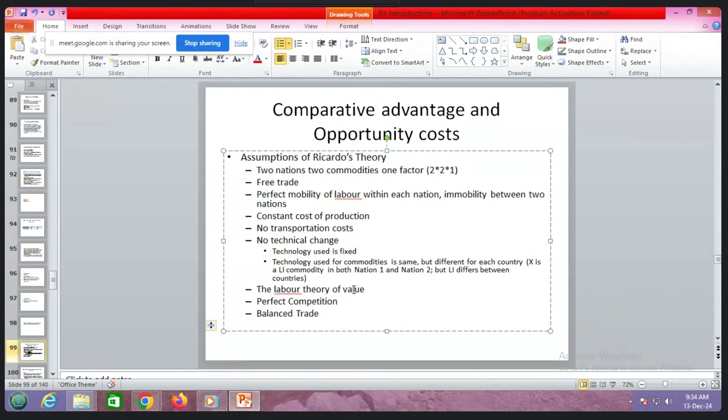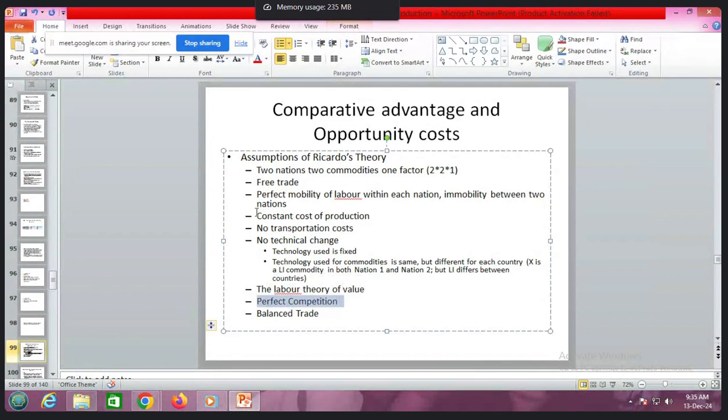We are assuming labor theory of value, which I have already explained in my previous illustration, that labor is the only input and the wages are the only cost that is incurred in producing the commodity. So we are focusing on labor theory of value.